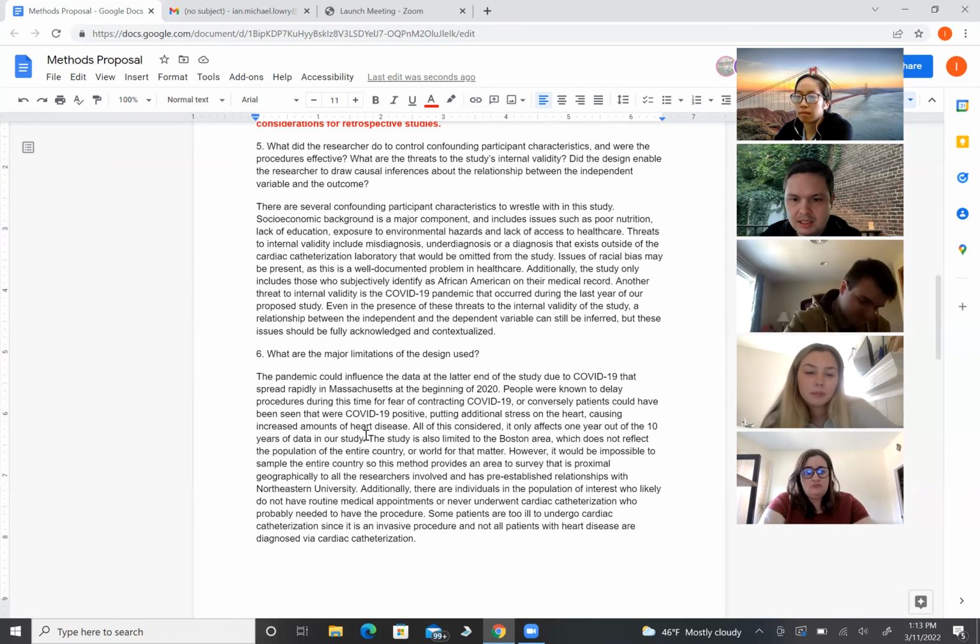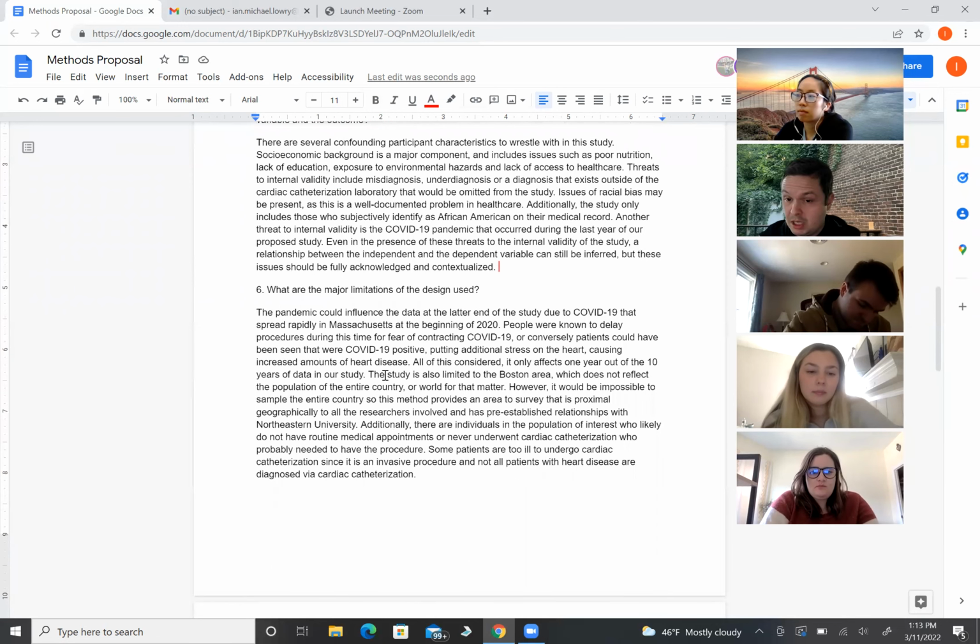Another thing to discuss is the study was limited to the Boston area, which is a diverse area, but we're not going to perfectly represent the population of the country or the entire world for that matter. It's completely impossible to sample the entire country or the entire world.